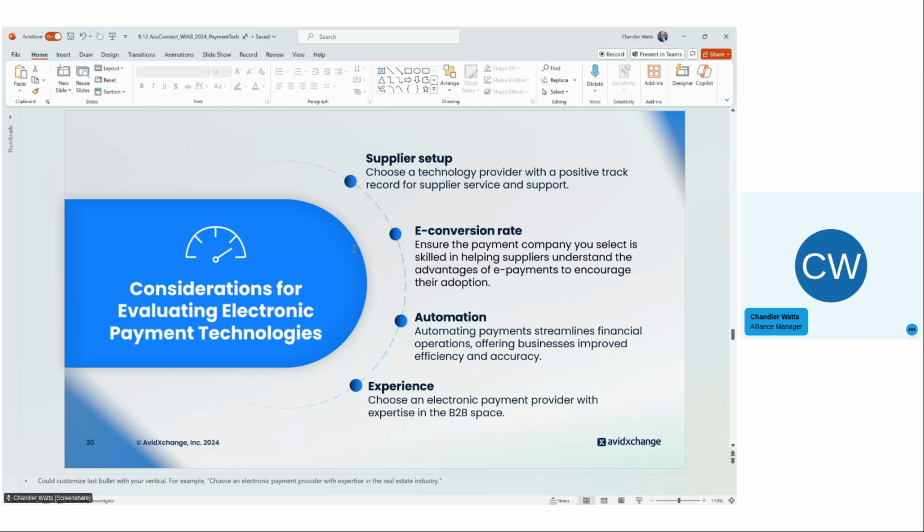There are typically some rebates around those as well, especially with AvidXchange. And automating payments streamlines all financial operations. This is going to offer your business a chance to improve efficiency, accuracy, and the experience. So you're going to want to choose an electronic payment provider with expertise in the B2B payment space.